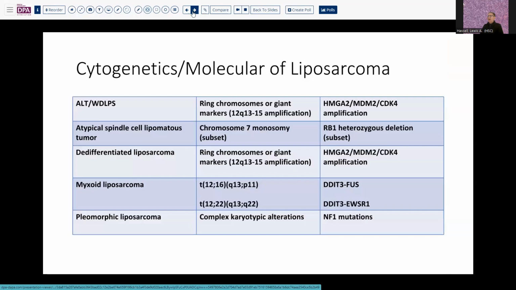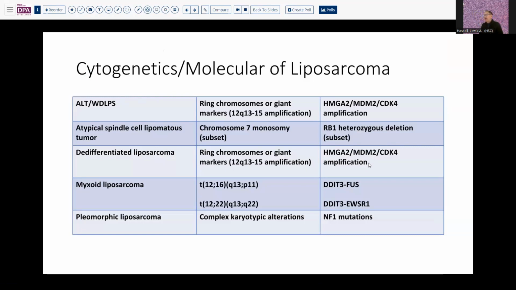Now, finally, cytogenetics do play an important role in the differentiation of the different liposarcomas. And in some instances, such as with well-differentiated liposarcoma and dedifferentiated liposarcoma, we may have immunohistochemical surrogates that can be used to detect those markers, specifically the MDM2 amplification or fusion gene, but not in all cases.